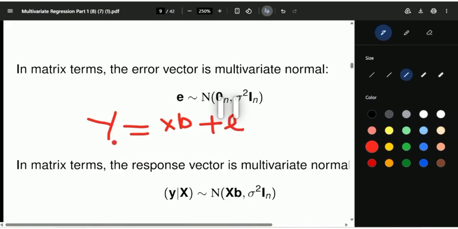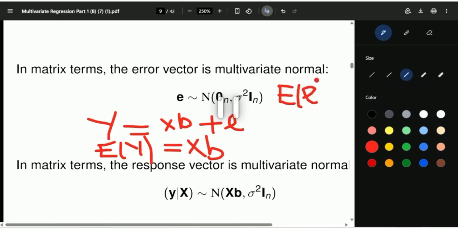If I take the expectation of y, it's going to be equal to Xb, because we are assuming the expectation of the error equals 0. So this is the mean. That's why you have this to be the mean here. But the variance is going to be sigma squared times the identity.